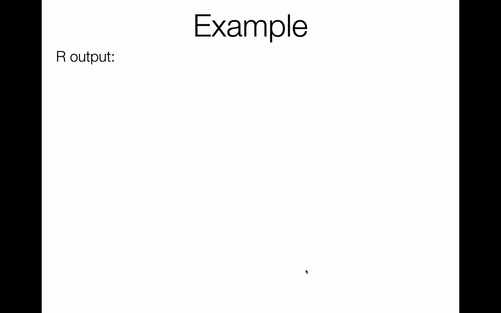Okay, so now we get to the important part, which is the test statistic, the p-value, the decision, and the conclusion. So here's the R output that you're going to see. It'll be different for each problem, of course, but it's going to have this general form.